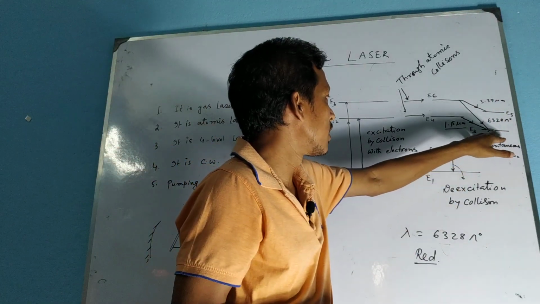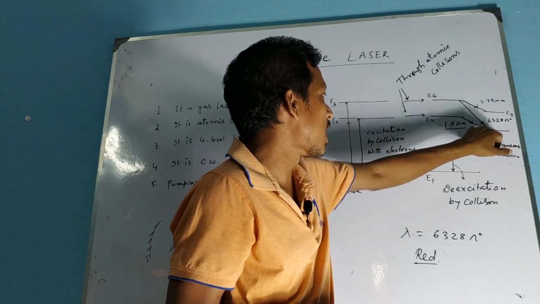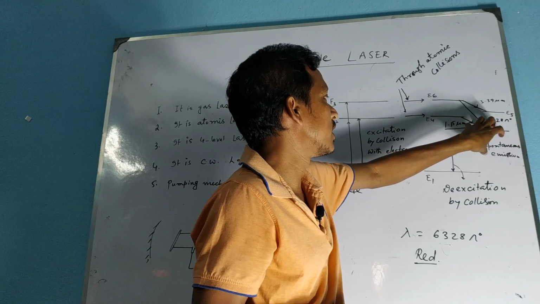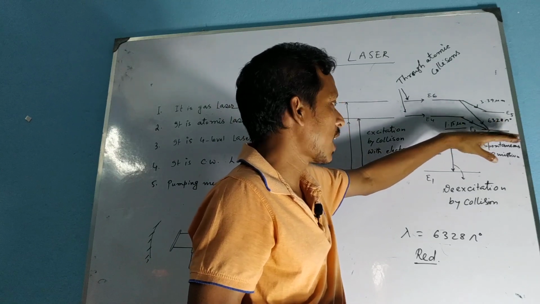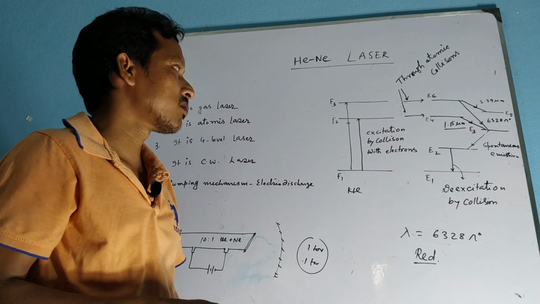Due to spontaneous emission, the neon atoms come to the E2 state, and here the wavelength of the light is about 6000 angstrom.